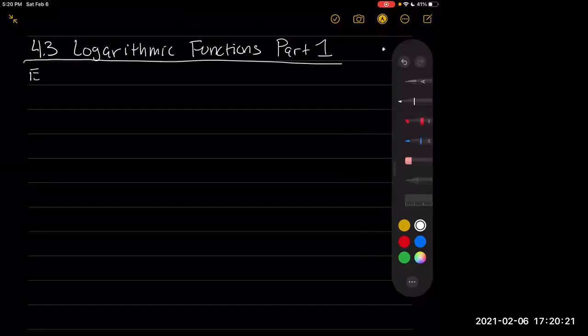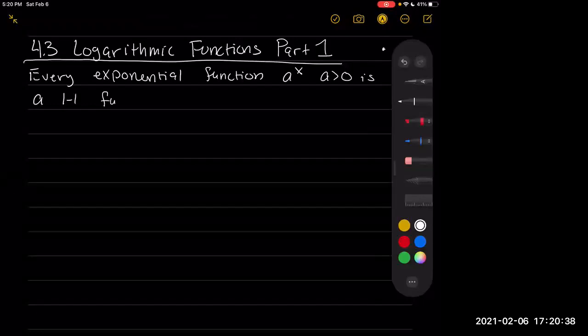Okay, so every exponential a to the x for a greater than 0 is a one-to-one function, by the horizontal line test. And what one-to-one means is that for every input, you have a unique output.